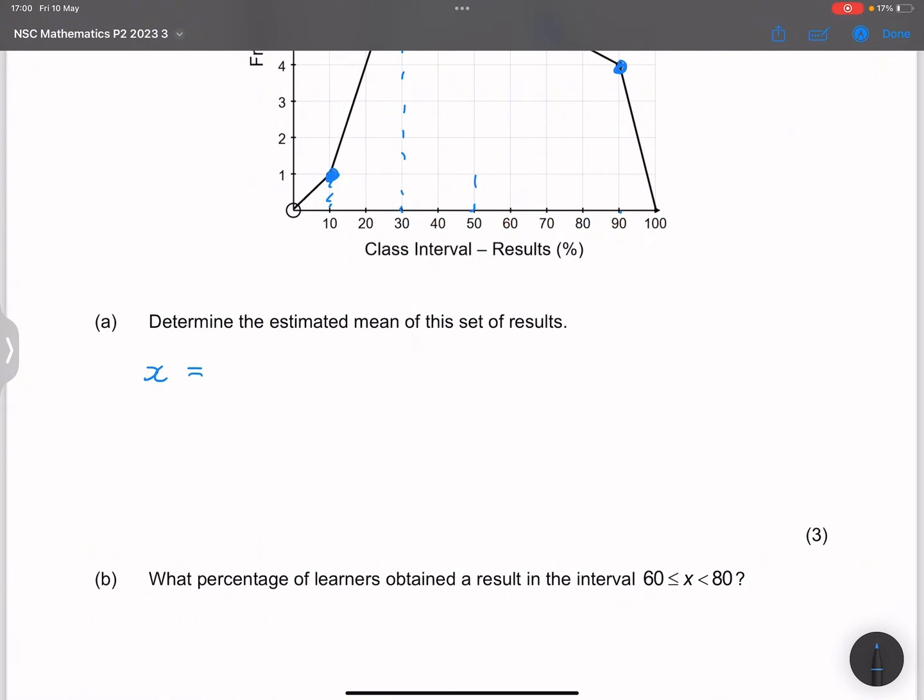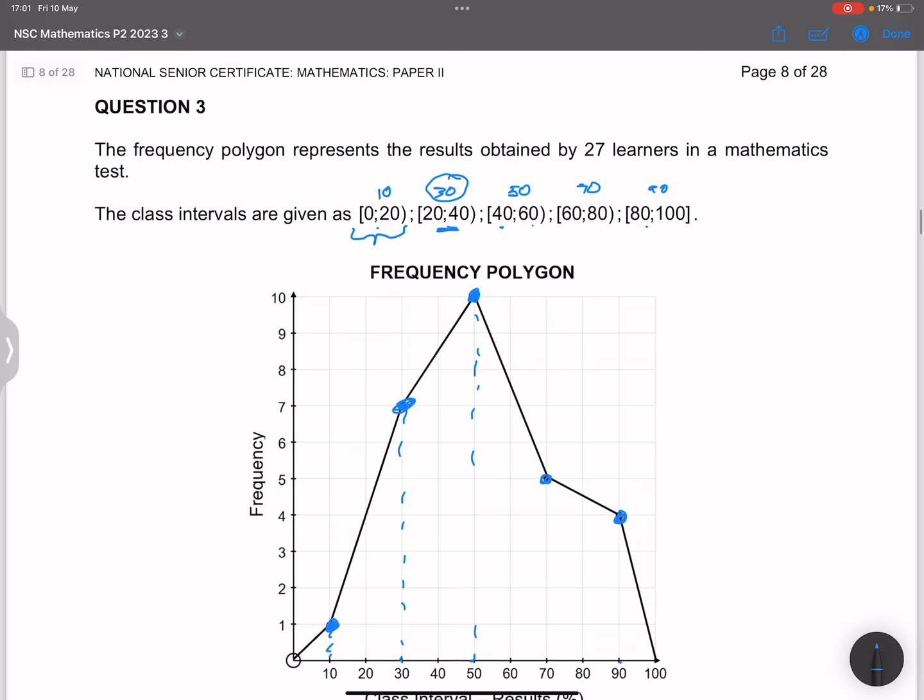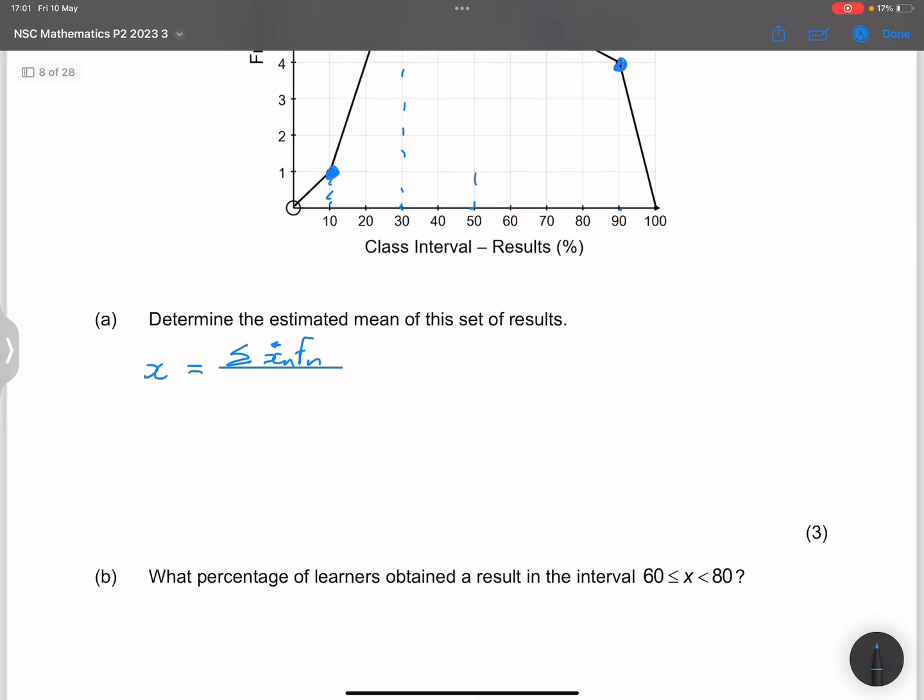We take the sum of the midpoint of our intervals multiplied by the frequency, so Xn Fn, divided by my population size, which is 27 learners. Now let's do that.